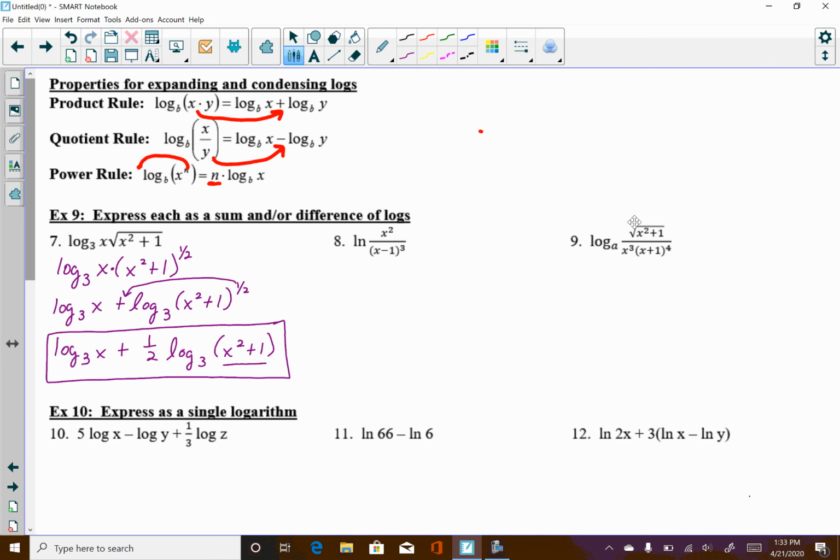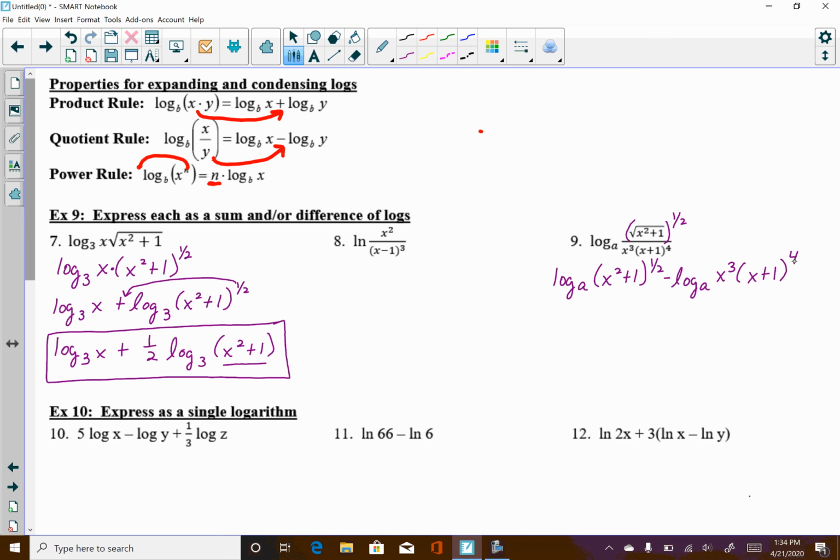Remember, just from that previous example, I could really think of this as x squared plus 1 to the 1/2. So I've got division here, so I can turn division into subtraction. So I think of this as log base a of x squared plus 1 to the 1/2 minus log base a of x cubed times x plus 1 all raised to the 4th.